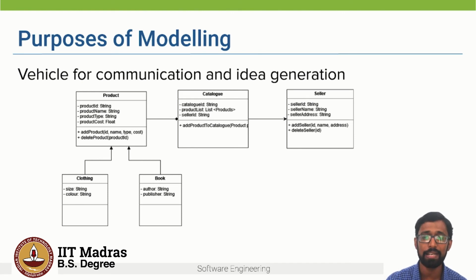But the key ideas like the class names, some of the attributes, and the relationships can be specified. And these diagrams facilitate collaboration and discussion with other members in the team. So for example, other team members can maybe add more classes, change the relationship between classes, etc. And this can help in improving the design.